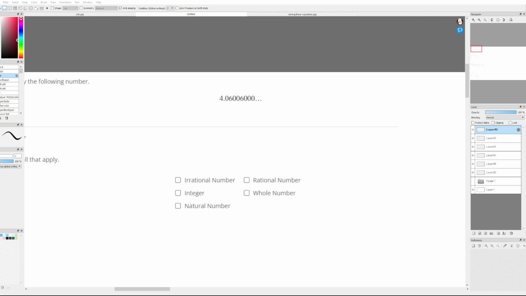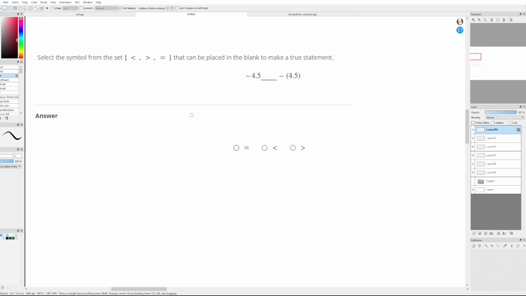There's a lot of zeros to keep track of. That is going to be irrational. And when it's irrational, it is not an integer, it is not a natural number, it is not a rational number, and it is not a whole number. It will just be irrational.